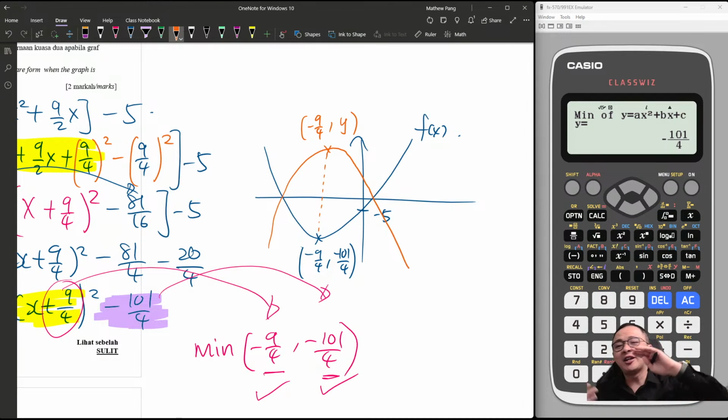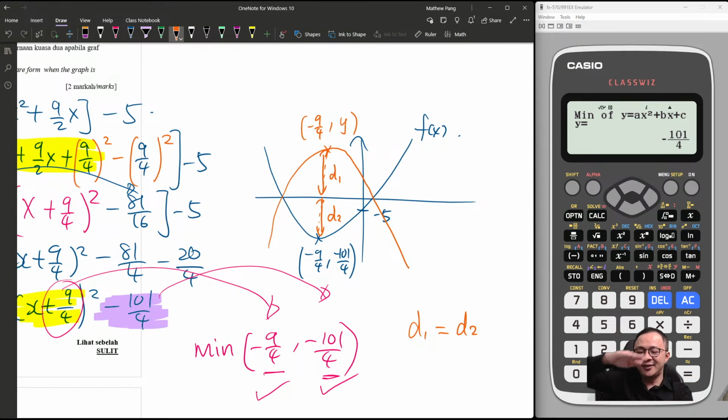Because we know that when they do a reflection, the distance here and the distance here, distance 1 and distance 2, must be the same. This is the reason why we do reflection, right? So that means they must have the same height from the x-axis. From the x-axis go down 101/4, it must go up the same value, 101/4.